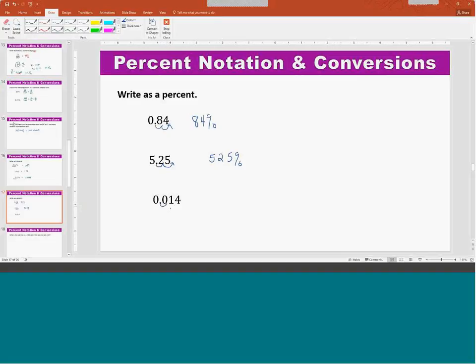And we move 2 places to the right for this decimal, so 0.014 becomes 1.4%. It's just backwards from what we did here. From a percent to a decimal is 2 places to the left, and from a decimal to a percent, we move the decimal point 2 places to the right.